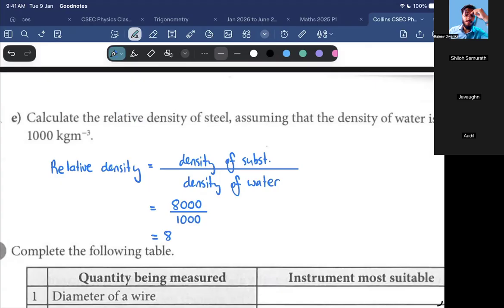So Shiloh, Javon, and Adel, if I say relative, I want you to compare two things. If I say calculate the relative density of steel to water, I want to know how many times more dense the steel is than the water. That's all. So if steel is 8,000 and water is 1,000, then it's 8 times more dense than water. That's literally all it is, and there's no units.